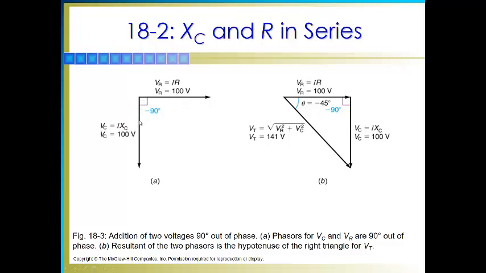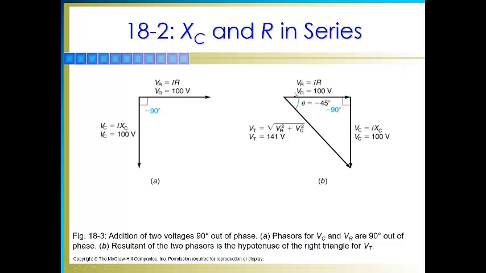This represents the voltage across the capacitor. That's 100 volts as well. However, we know that the resistors and the capacitors, when it comes to the voltage, are 90 degrees out of phase, and the voltage on the capacitor lags the voltage on the resistor. So we need to find the distance from here to here, and we use the Pythagorean theorem to get that.